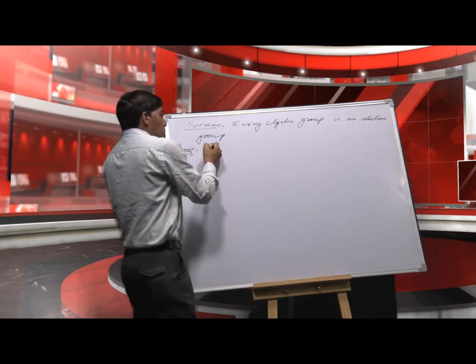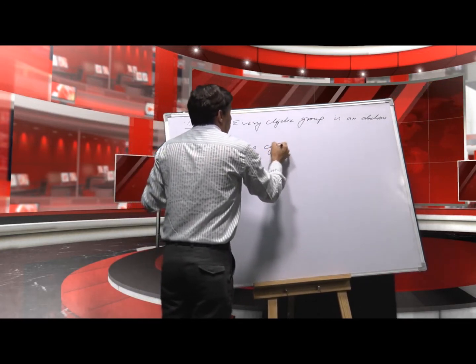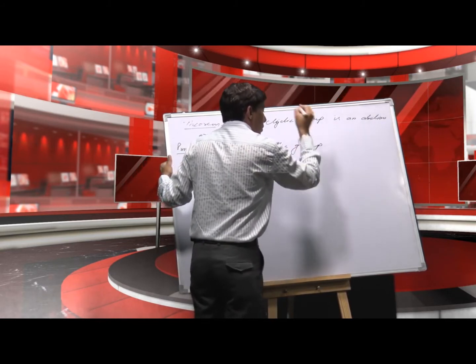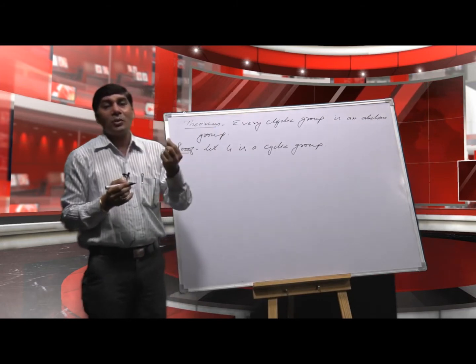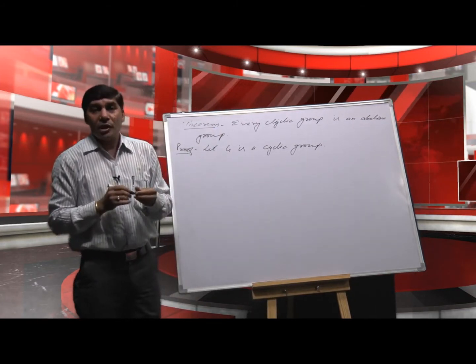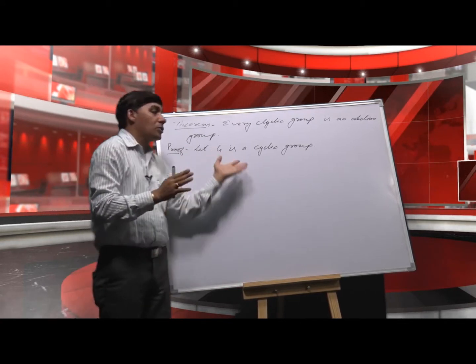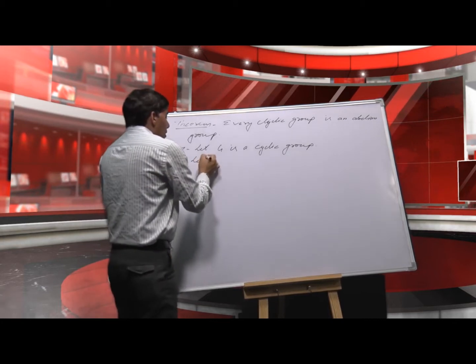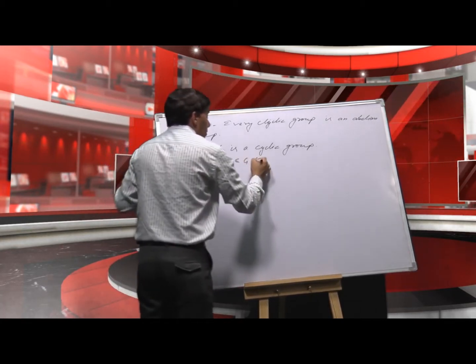Let G be a cyclic group. We have to prove that G is abelian. That means G satisfies the commutative property. In simple words, any two elements of G commute with each other. So let x, y belong to G be arbitrary.